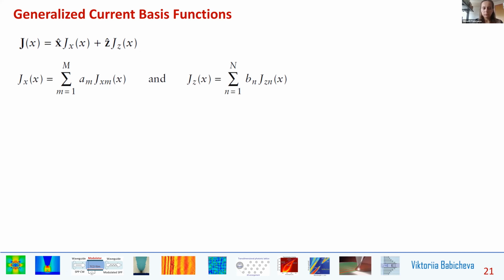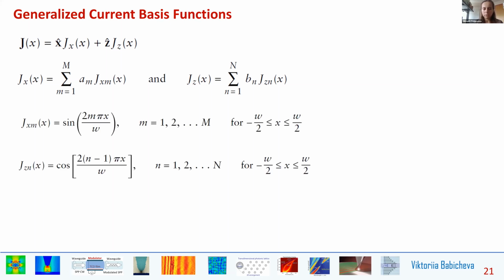And so the current components may be described by these expressions. Correspondingly, the basis functions Jxm and Jzn are defined again by these expressions.